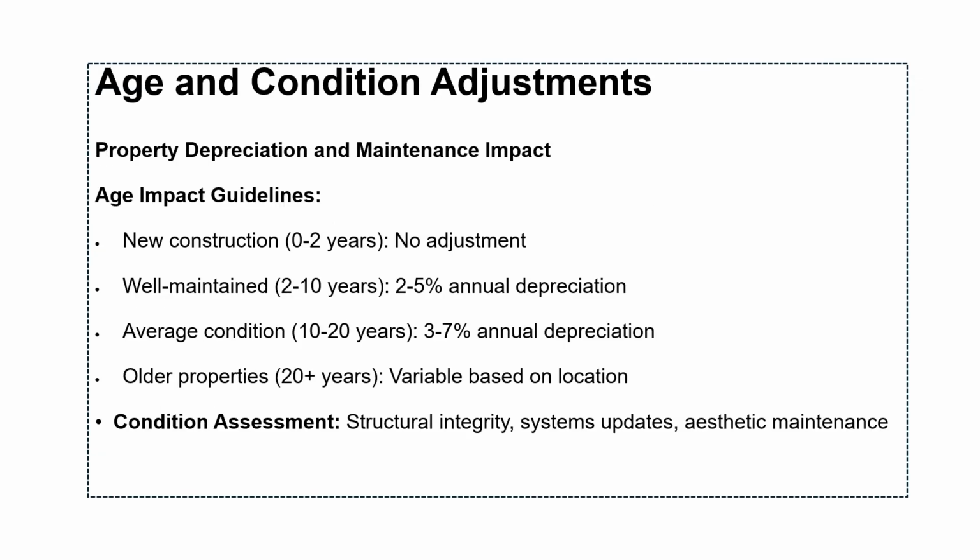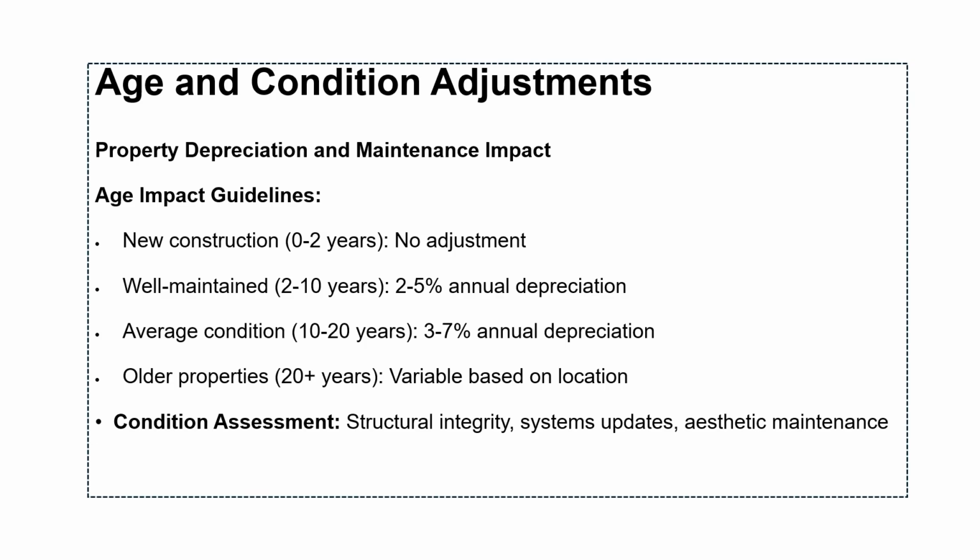Then coming to age and condition adjustments, so we have new construction, 0 to 2 years, no adjustment requirement; well maintained, 2 to 5% annual depreciation; average condition, 3 to 7% annual depreciation, 10 to 20 years building; and then there is an older property, 20 plus years, variable based on the location.